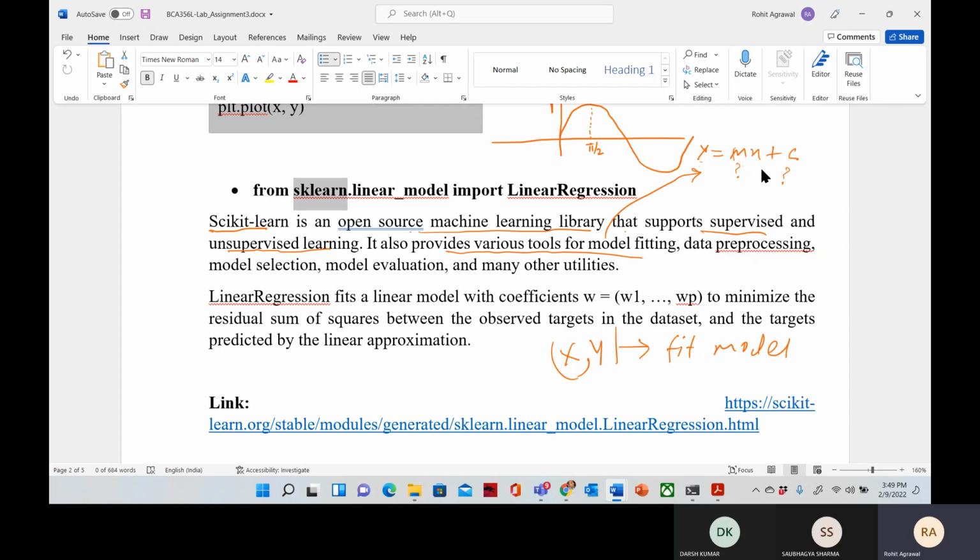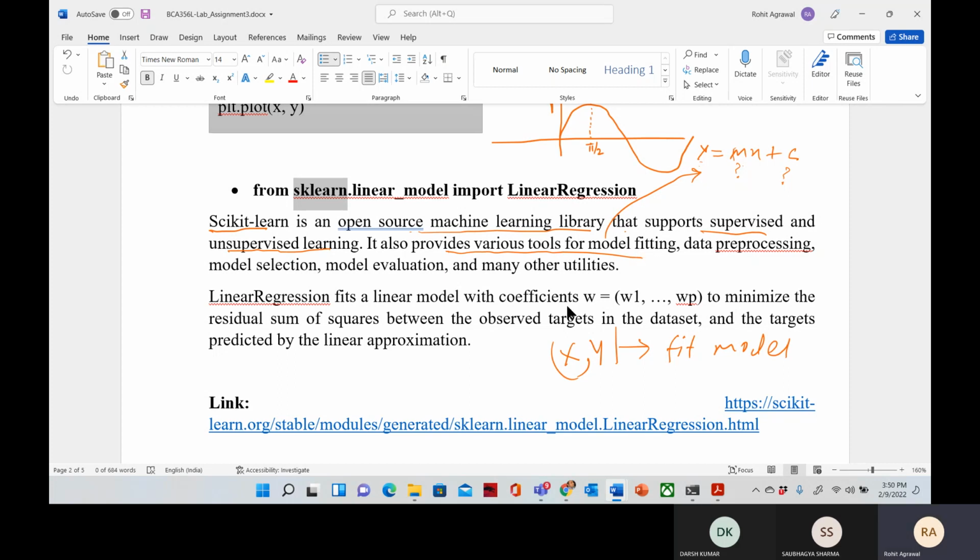In the class I was about to show you the mathematics, how it works, but using the Python library it will do it internally.